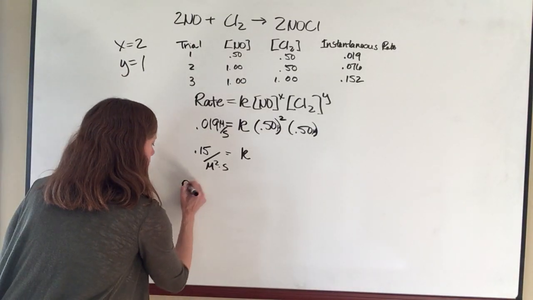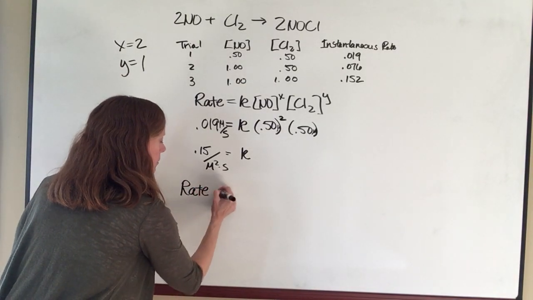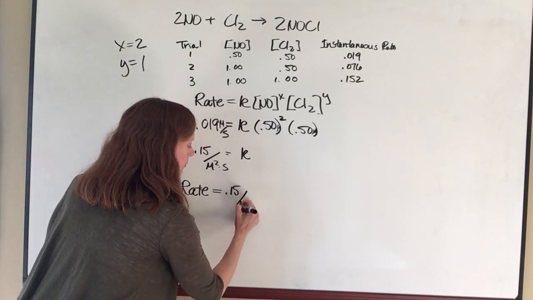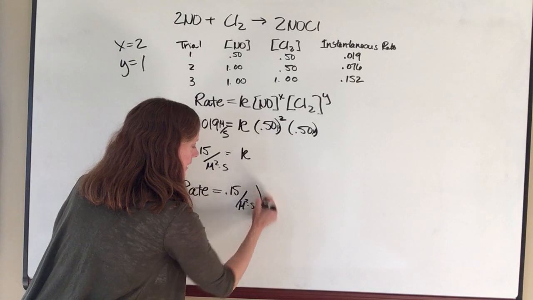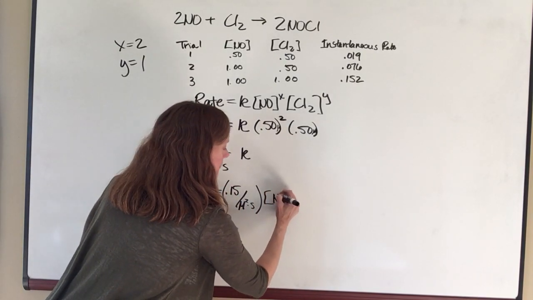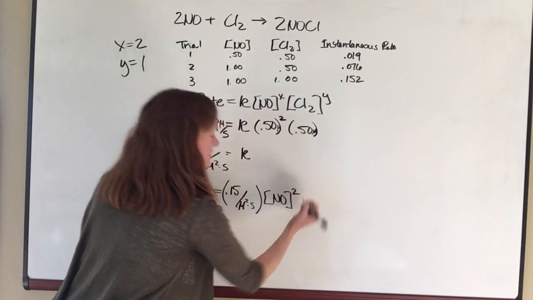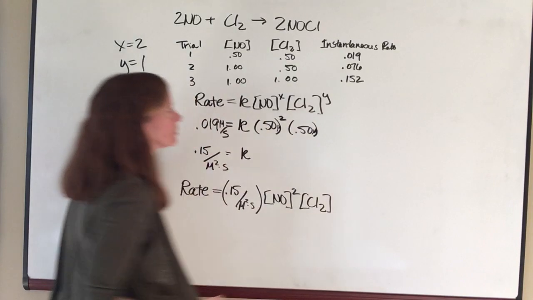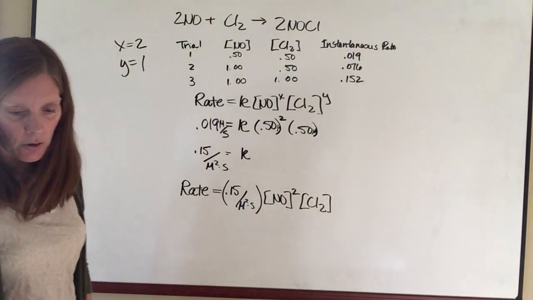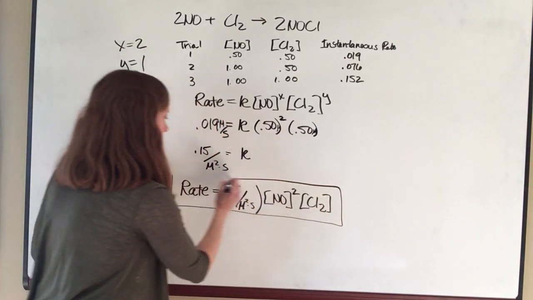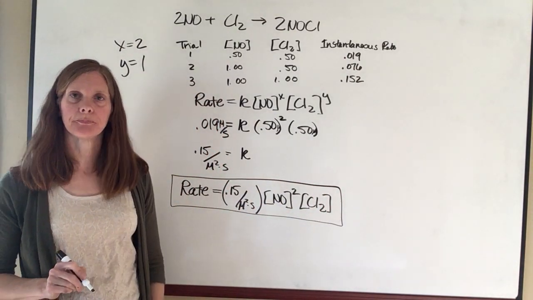So the rate for this particular equation is equal to 0.15 over molarity squared per second times the concentration of NO to the second order times the concentration of Cl2 to the first order. So this is your overall rate equation, and that's what you're looking for.